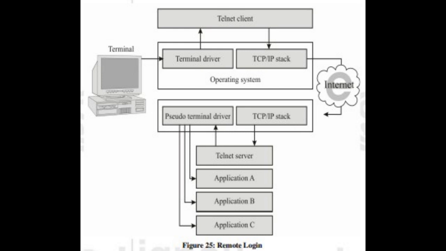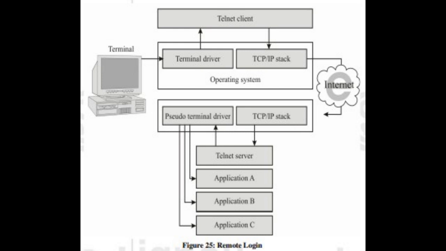Local login. When a user logs onto a local time-sharing system, it is called local login. As the user types at a terminal, the keystrokes are accepted by the terminal driver and passed to the operating system. The operating system interprets the combination of characters and invokes the desired application.